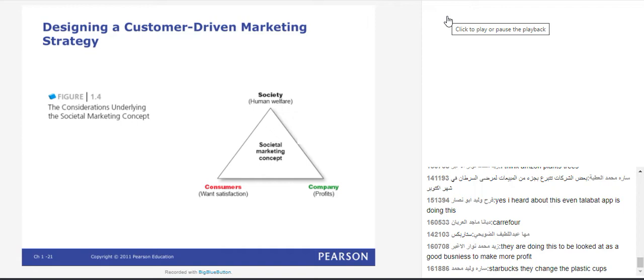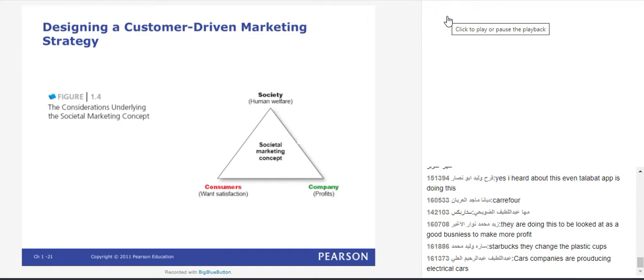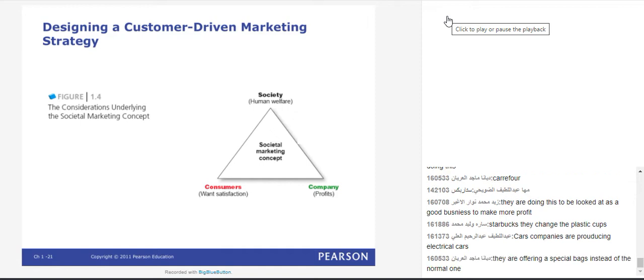Yes, Starbucks changed the plastic cups to paper cups. Exactly. They are doing it to be looked at as a good business. Yes, I'm not arguing that they are doing this for the society. Yes, they want to make more profits. Exactly. They want to look good. Listen, Zaid.